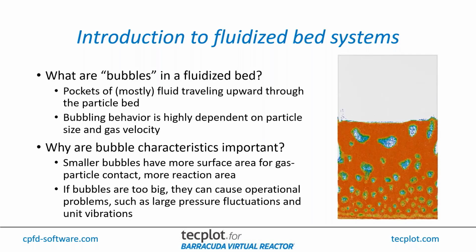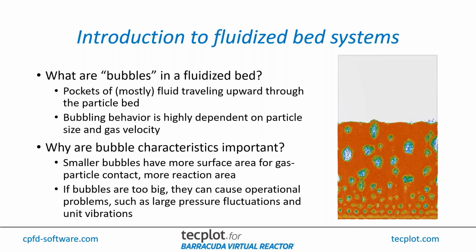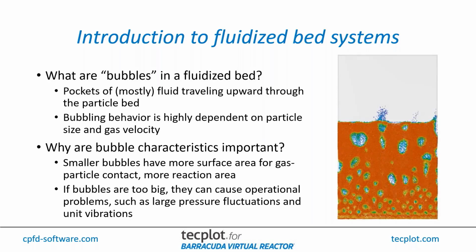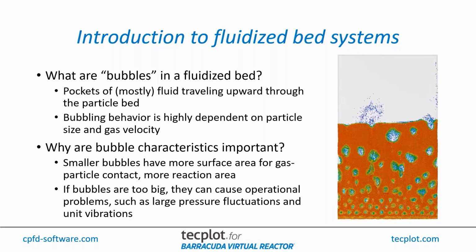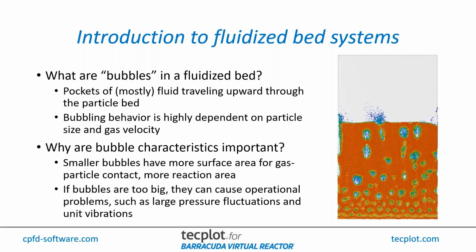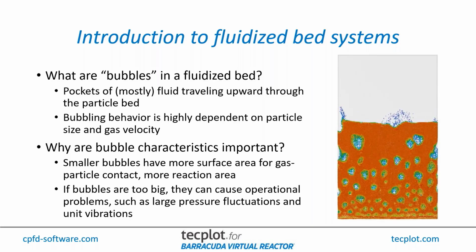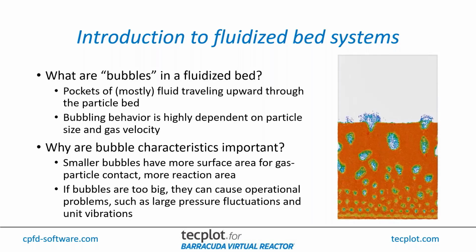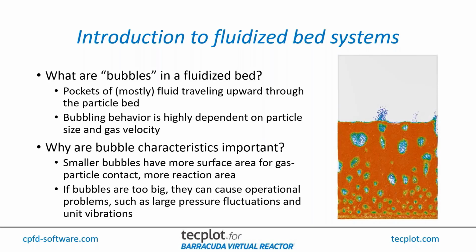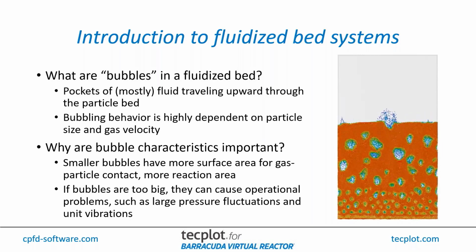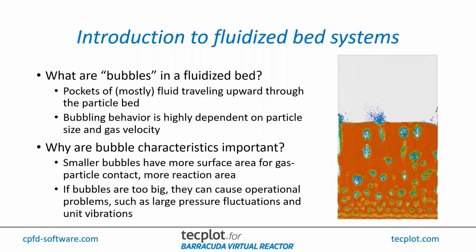As we watch this animation, we can see that the bubbles start out small near the bottom of the bed. They grow larger and coalesce with each other as they rise in the bed, and their rise velocities increase as their sizes increase. Bubble characteristics such as size and rise velocity are highly dependent on particle size and density, gas velocity, how gas is fed into the bed, and the operating conditions of the fluidized bed, such as pressure and temperature.